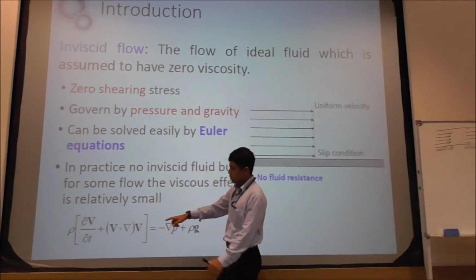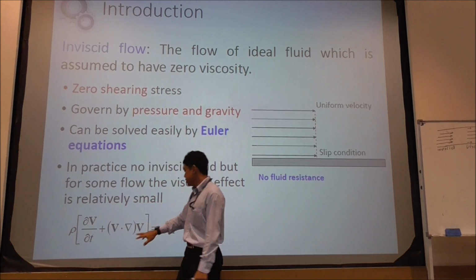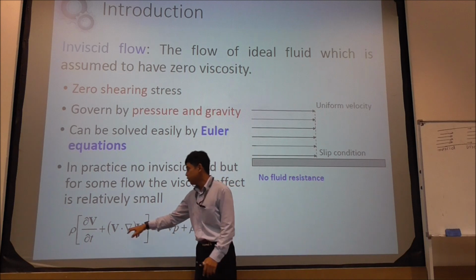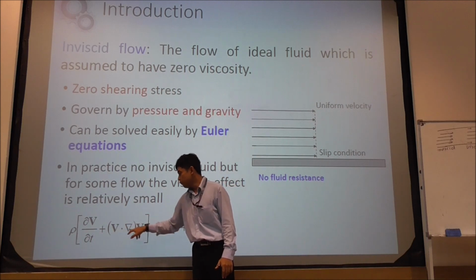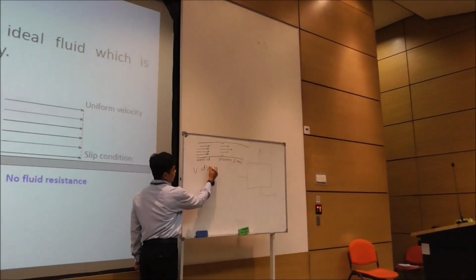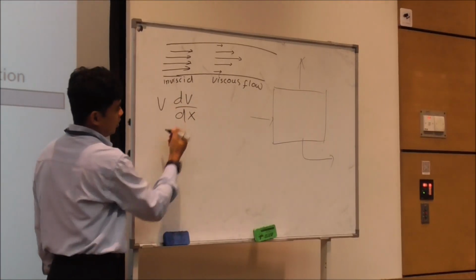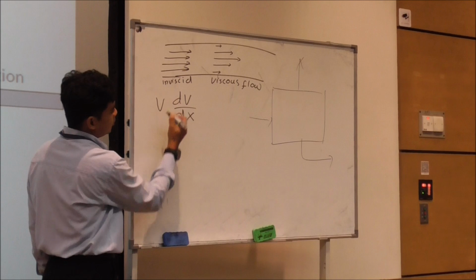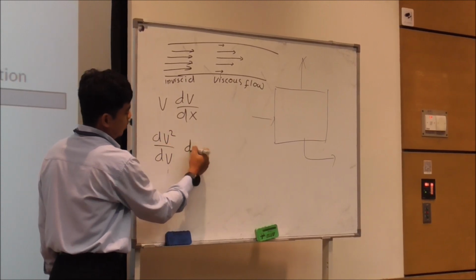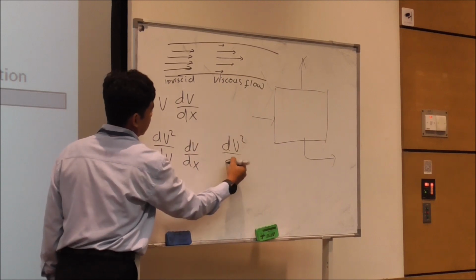The Euler equation is this, but most of the time your flow is steady state, so that term is gone. And your flow is incompressible. So at the end of the day, you just have rho V squared. I told you last time, right? When you have V dV/dx, it is nothing but d(V squared)/dx, so at the end of the day you just have d(V squared).